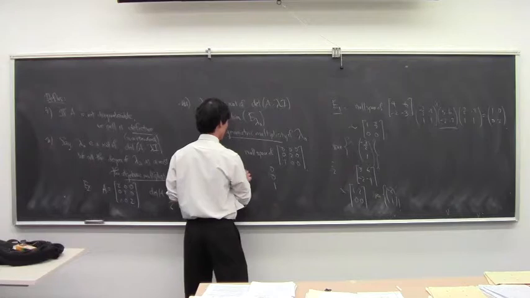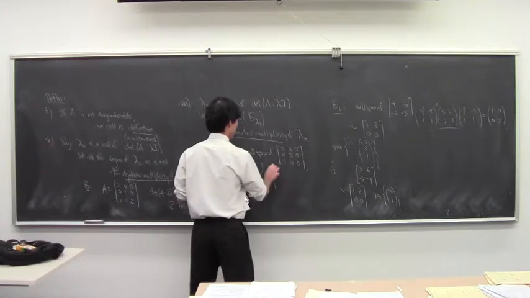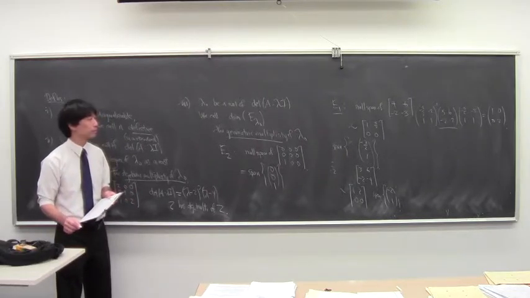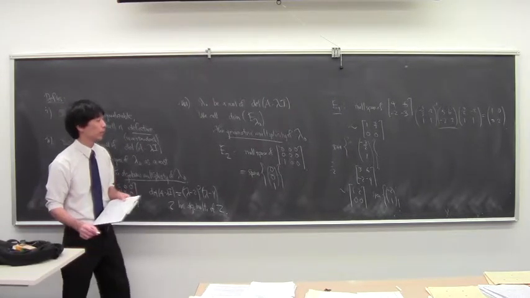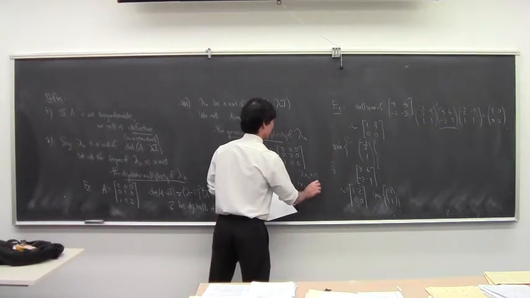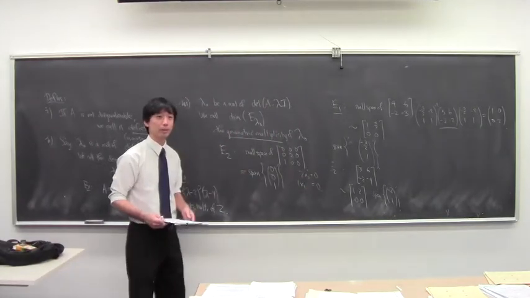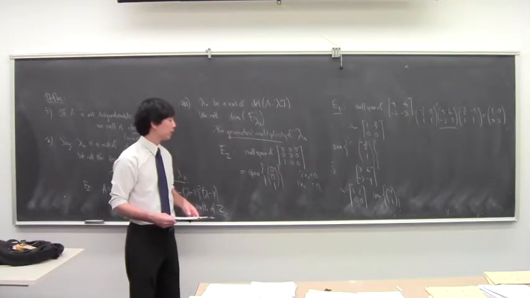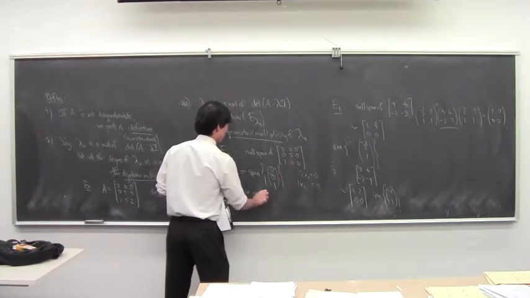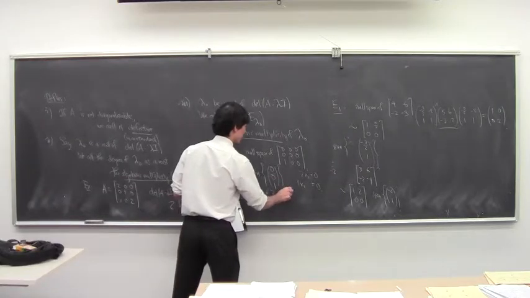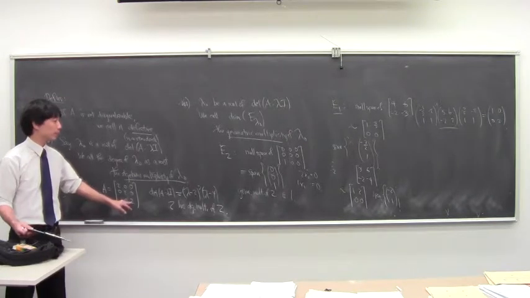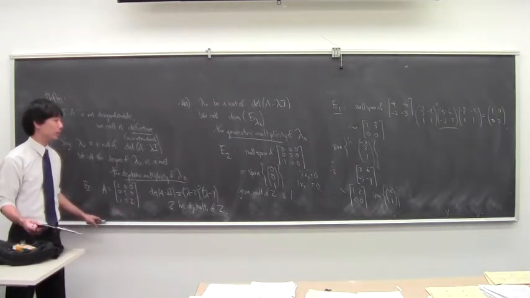So this is the span of that. Because our conditions are 2, x2 is 0, and 1, x1 is 0. And x3 can be whatever it feels like. And so the geometric multiplicity of the eigenvalue 2 is 1. The algebraic multiplicity was 2, but the geometric multiplicity is 1.